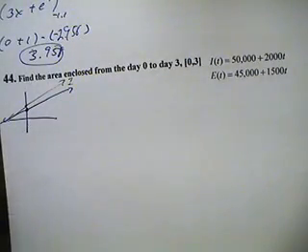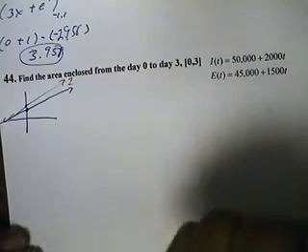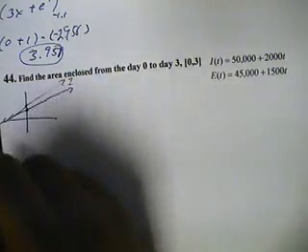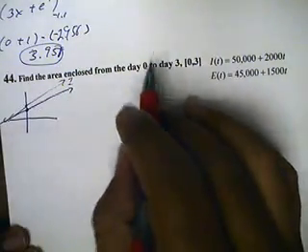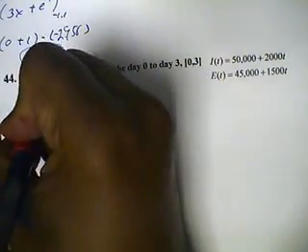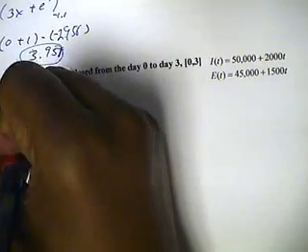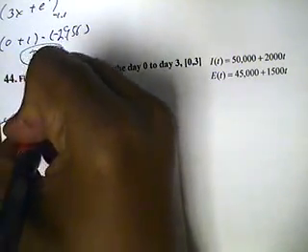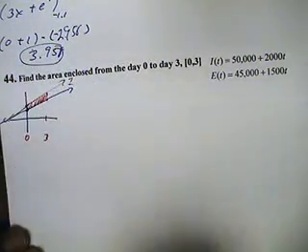Alright, now we want the area between day 0 and day 3. Or sorry, this should be year. Year 0 and year 3. And I want the area right in there.